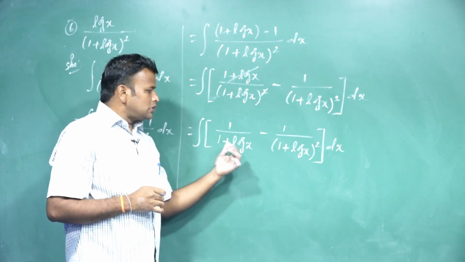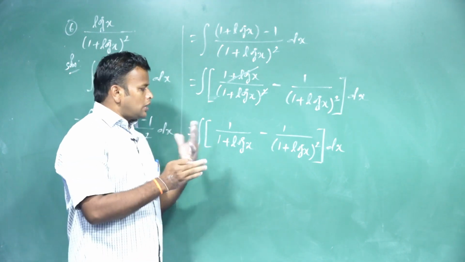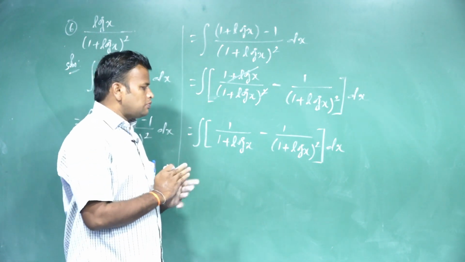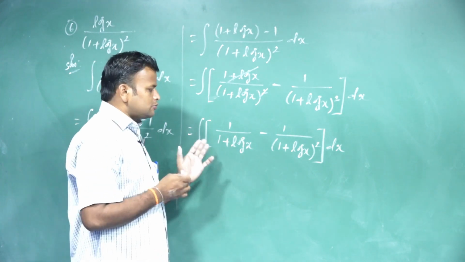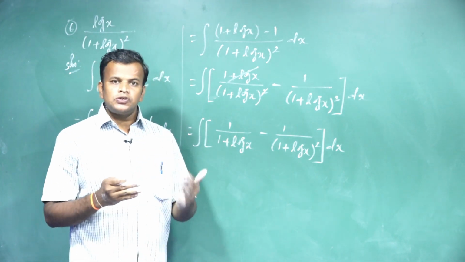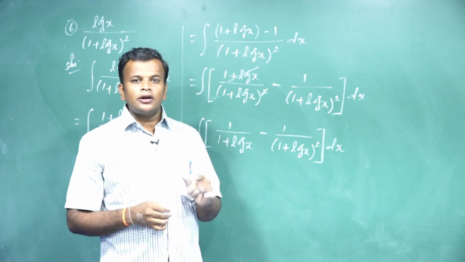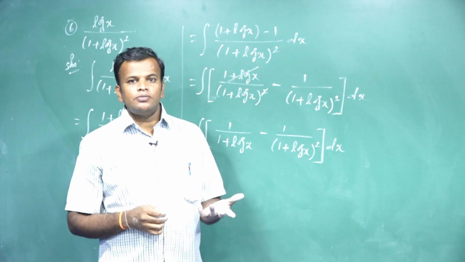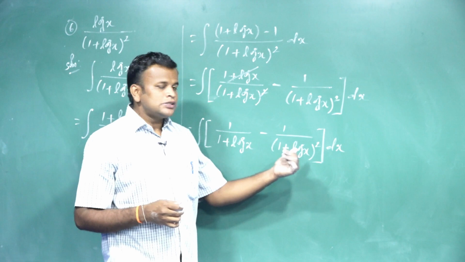One term is 1 plus log x and another is 1 plus log x the whole square. So we do some process. For our easy purpose, these two terms become a single term. Now I solve this problem by the method of substitution, or change of variable. We already told the rule. Now I change the variable because directly there is no formula for this integration.